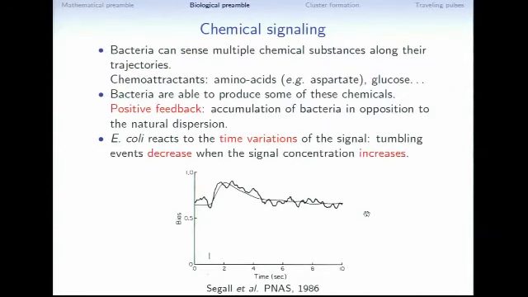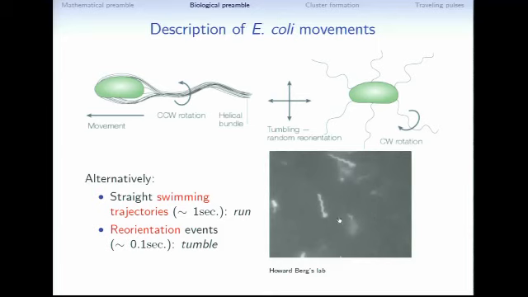If you have a close look, at the beginning you will see a bacterium with a bundle of flagella, and you will see 1 flagellum which leaves the bundle, and then the cell will go in another direction. So let's do it again. Yes, you can see at some time there are events which are called tumbles, where the bacterium changes direction. Okay, so this is the motion of a single bacterium.